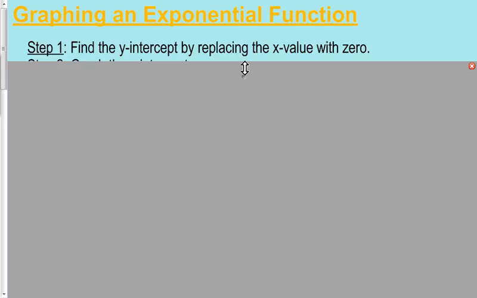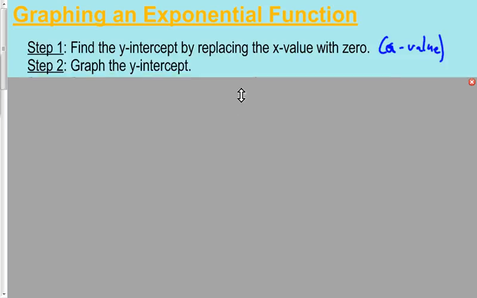If we replace the x value with 0, that'll make the variable term just become 1, because anything raised to the 0 power is 1. So really the y-intercept is just the number that it starts off with, the number in the front, the a value. That's not a 9, that is an a.